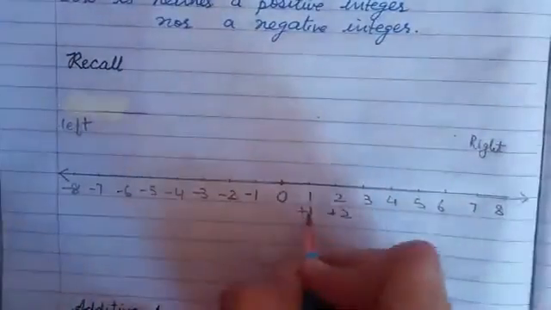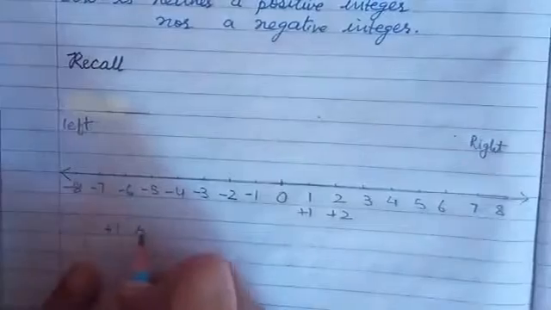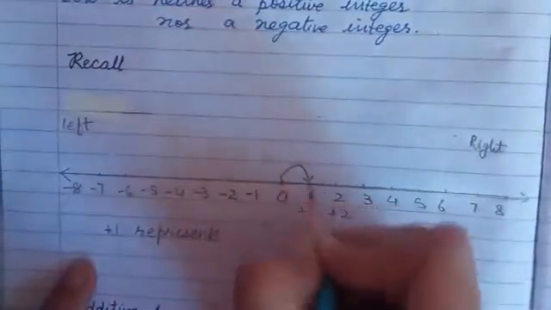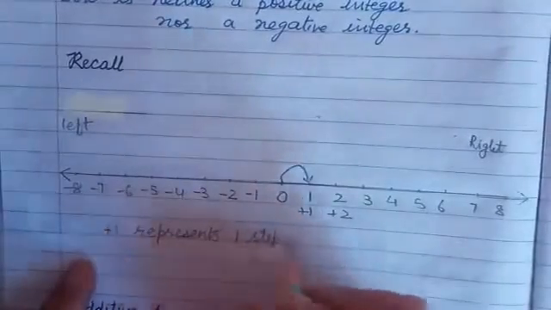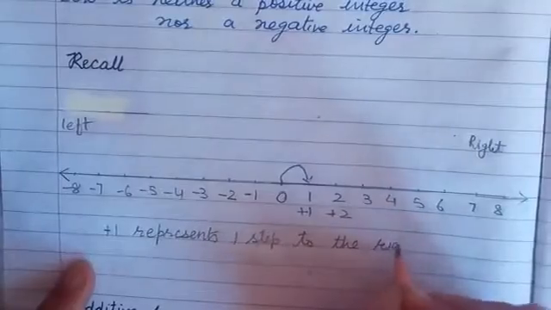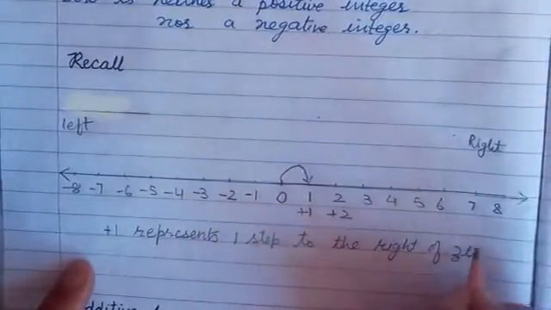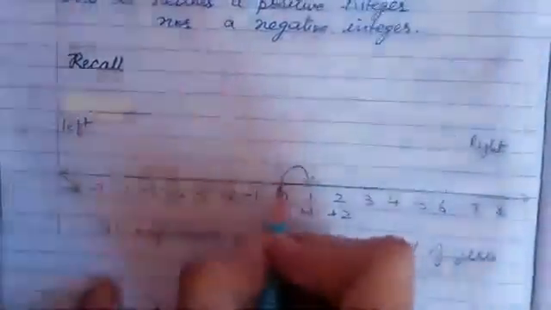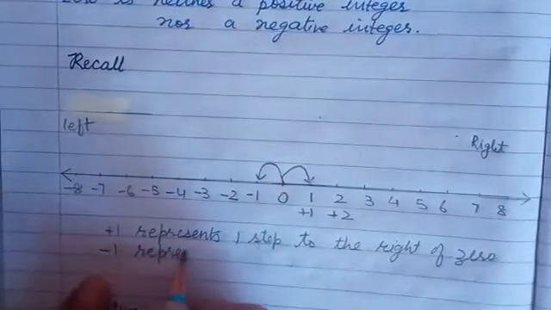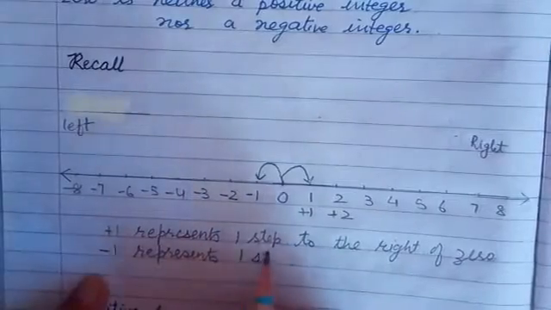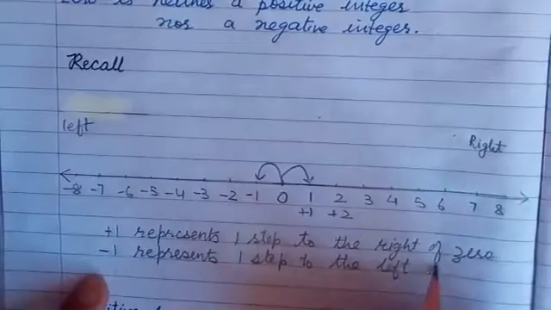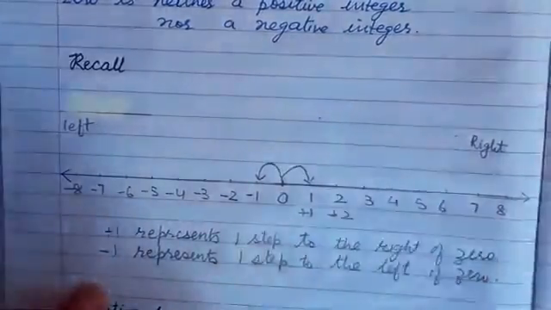Here plus 1 represents one step to the right of 0. And this minus 1 represents one step to the left of 0.